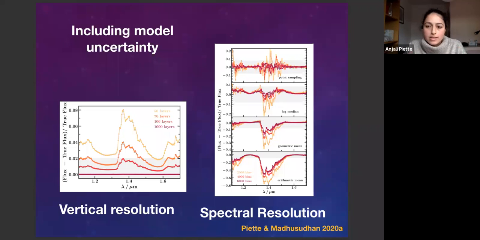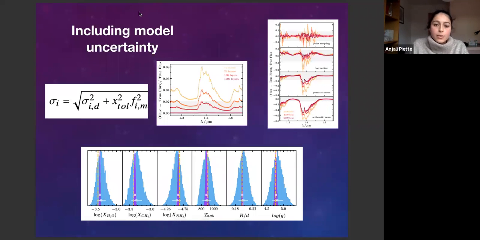All in all, with these different considerations, this gives us a minimum model uncertainty of about 8%. That's something that we want to propagate forwards into our assessment of the spectrum. The way we do that is, first of all, we know that there are many unknown sources of uncertainty that we want to include.